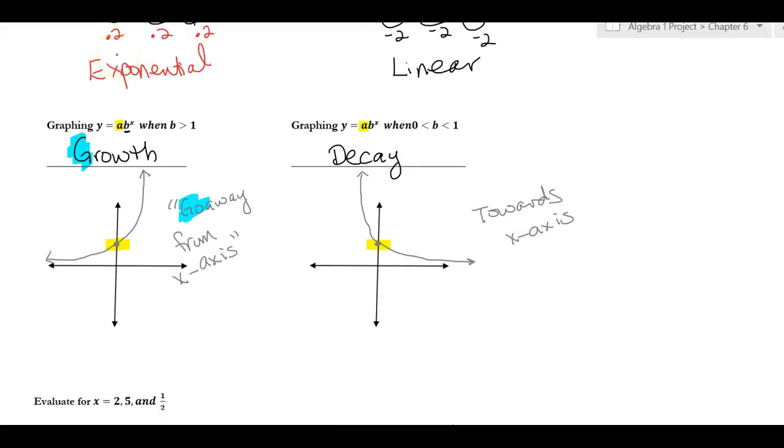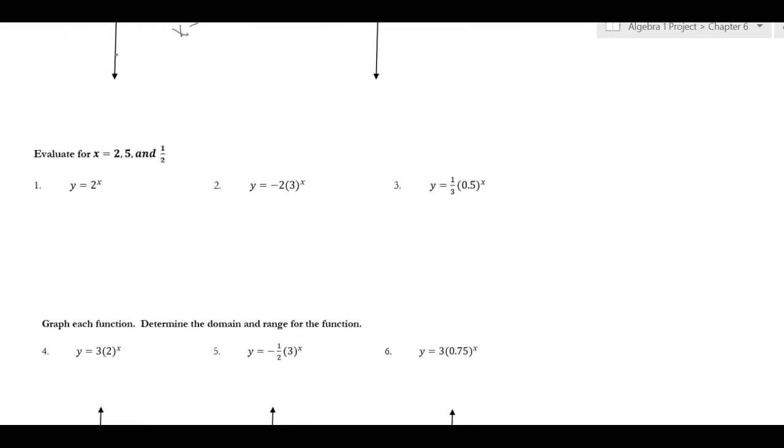All right, so now let's actually do some evaluating and then we'll do some graphing. So to evaluate it, I just have to plug this in. So x is 2, x is 5, and x is 1/2. And you're going to need your calculator for this because we're going to get decimals for some of these.